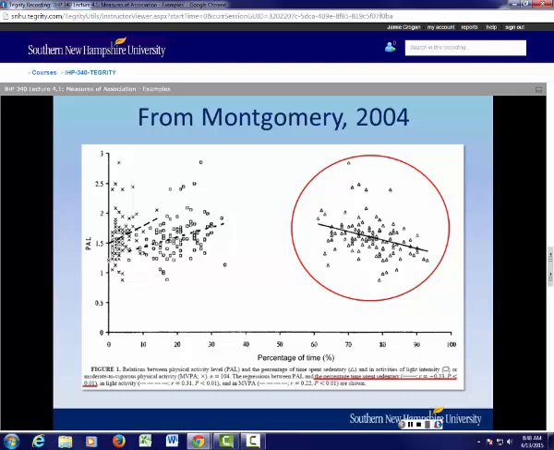So the R is the correlation. The correlation coefficient is 0.33, and it has a negative sign, and that negative sign doesn't tell you anything about how strong the relationship is, but it tells you the direction. And you can see that the way the line is angled, it's from upper left to lower right. That is an inverse relationship.